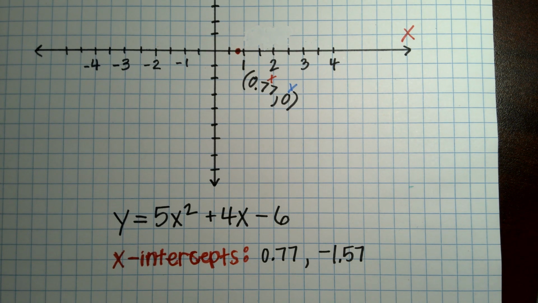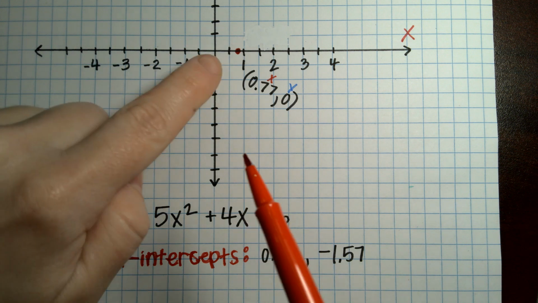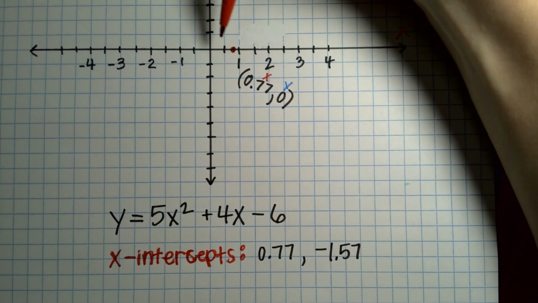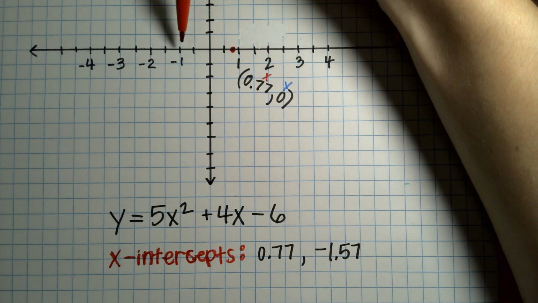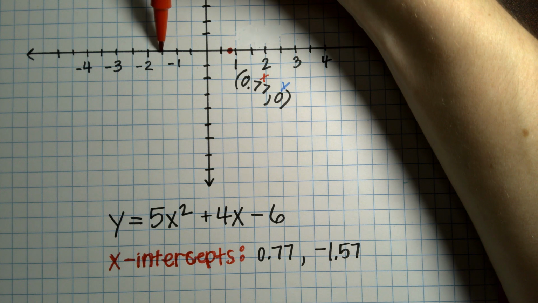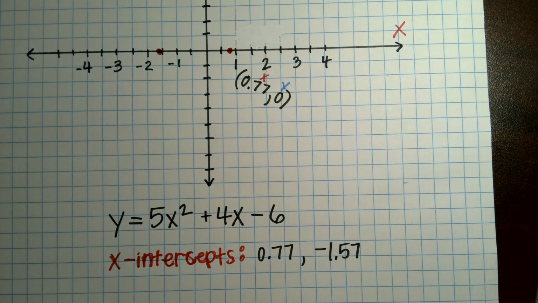Okay. How about the other x value we found? It would have to go to the left. We have a negative number, negative 1.57. So I'm going to go past negative 1, past negative 1.5, just a little, probably right here. And let's label this coordinate too.